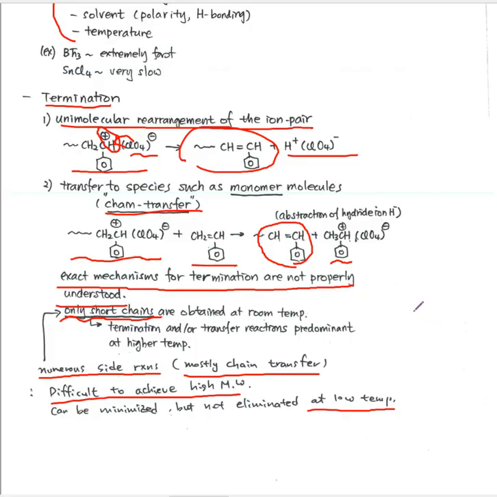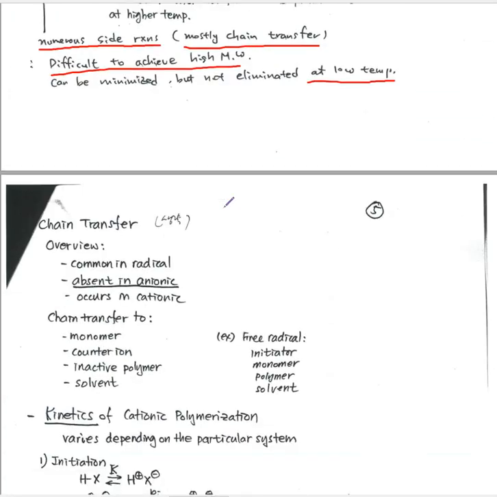So overall, cationic polymerization has the same three distinct steps: initiation, propagation, and termination. But the detailed mechanisms are not known, so we can just briefly understand the main features. That's all. So let's move on.